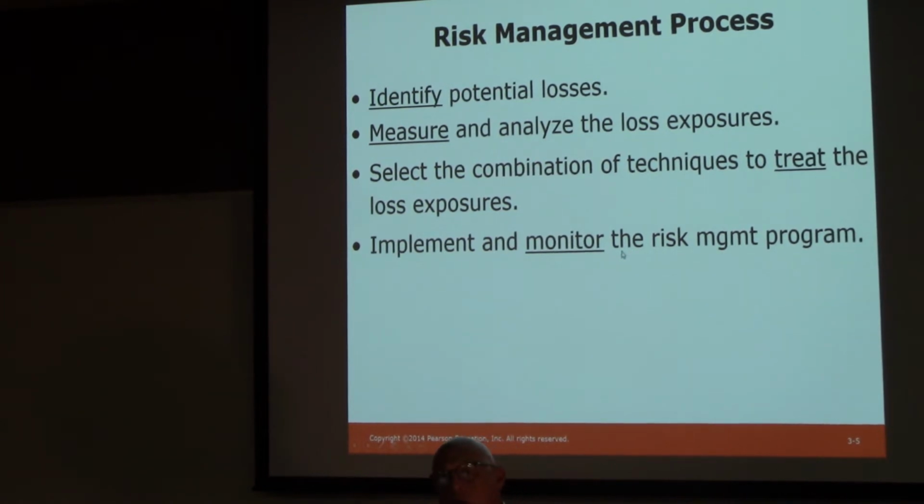So we are going to walk through this risk management process, and we're going to write all this planning out, and then we're going to implement the program, and then we're going to monitor and stay on top of the program and make any changes that need to be made as we learn things.